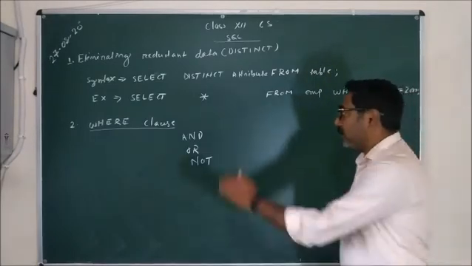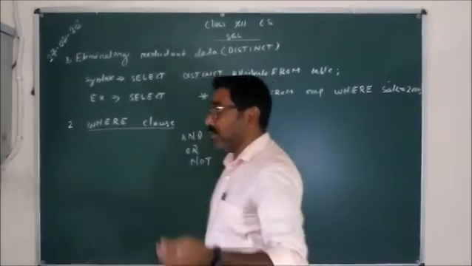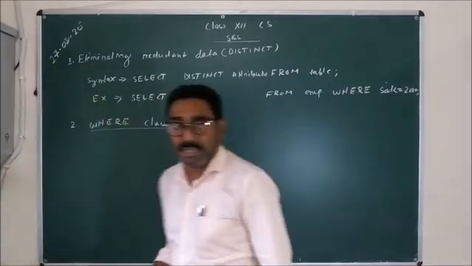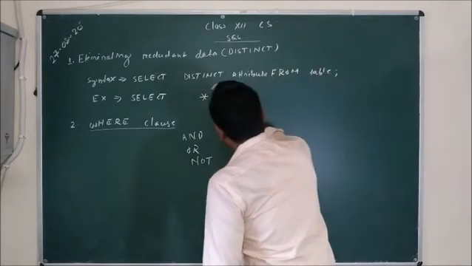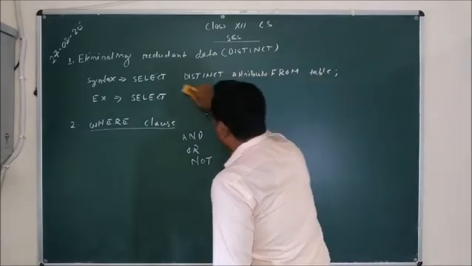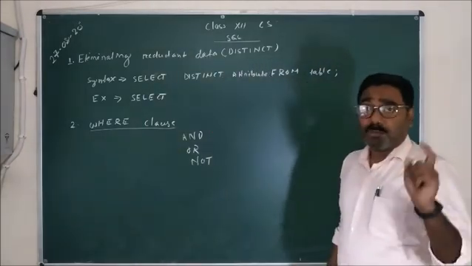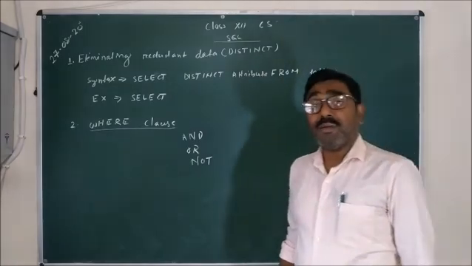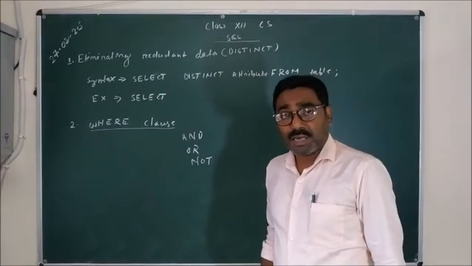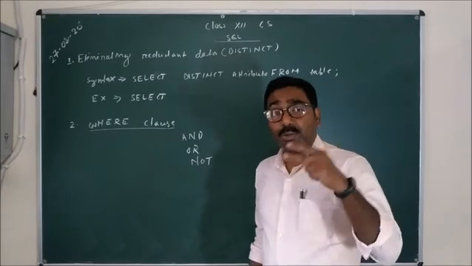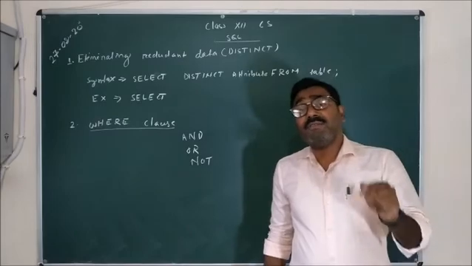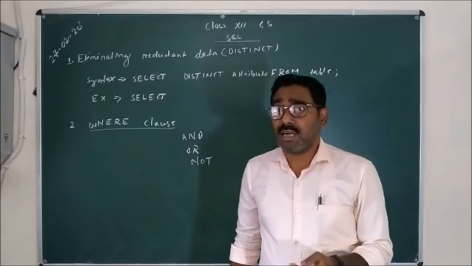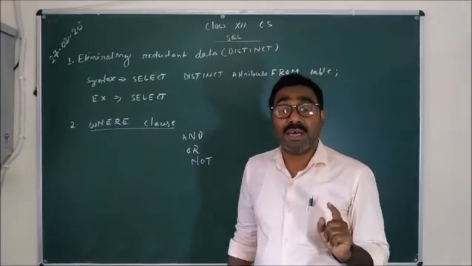In case of the AND operator, it is used to combine two conditions. If both the conditions are satisfied, then only the final condition will be true. That means if we are writing two conditions combined with AND, then only if both the conditions are satisfied will it display the result.